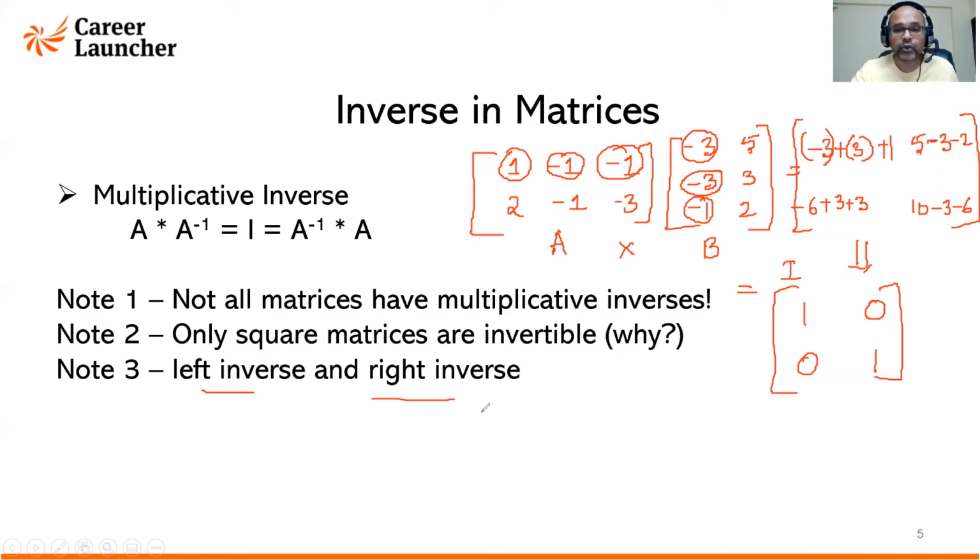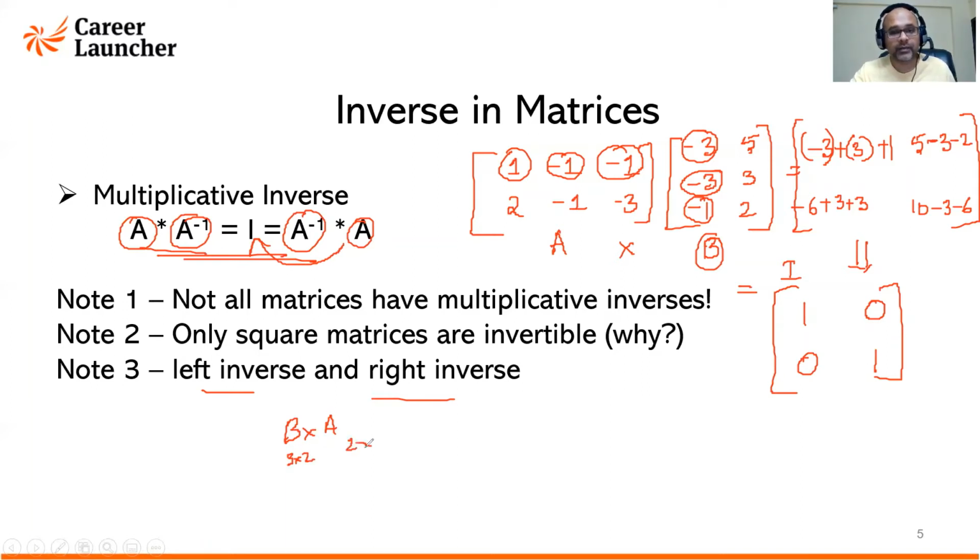But according to the basic rule of multiplicative inverse, whether it is A into A inverse or A inverse into A, both should give you I. But in this case, if you call this B as A inverse, there is a problem. Why is the problem? Because when you do it as B into A, you will notice that B is a 3 by 2 matrix and A is a 2 by 3 matrix.